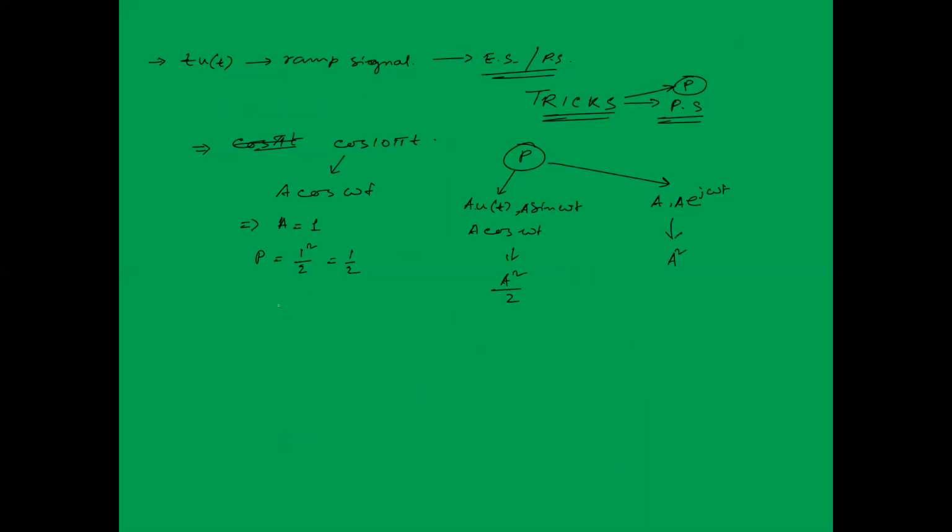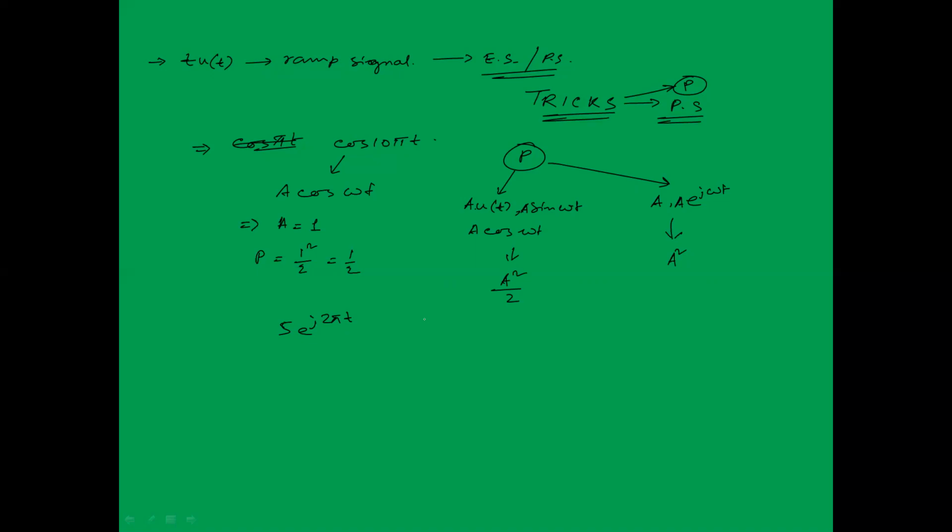Suppose my signal is given as 5 e to the power j 2 pi t. Then what will I do? Since this is a complex exponential, the real exponential signal is non-periodic, but the complex exponential signal is periodic.